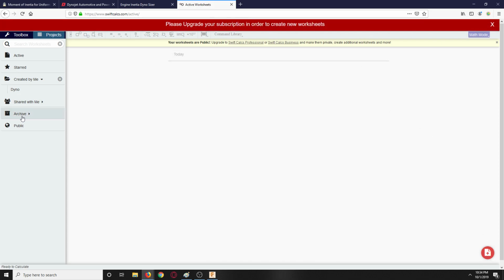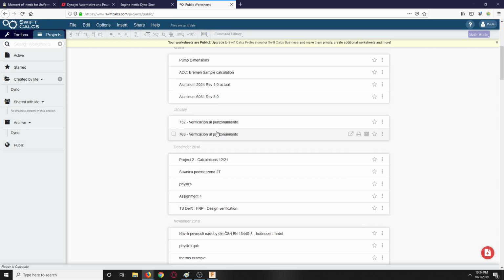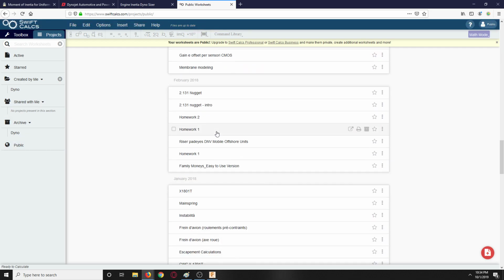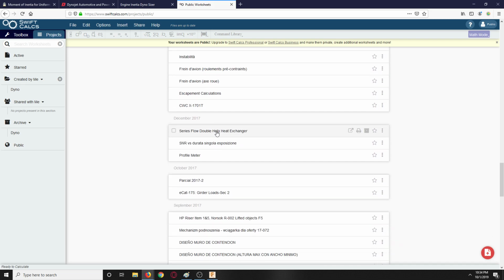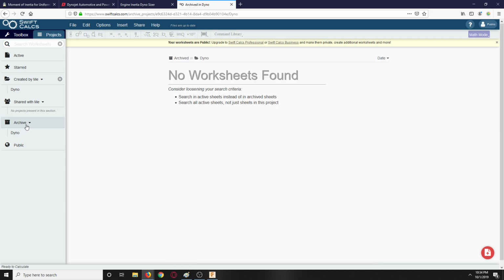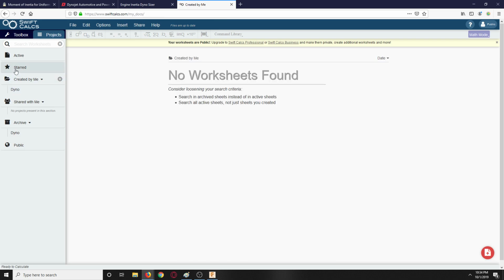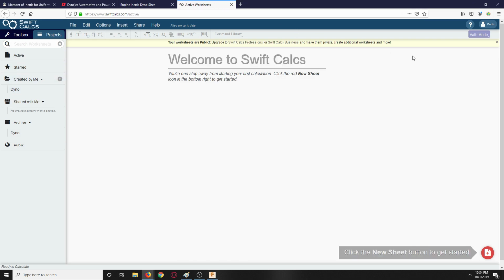What the heck? It won't let you create any now? Oh. Holy shit, this is everybody's. I see. Well.